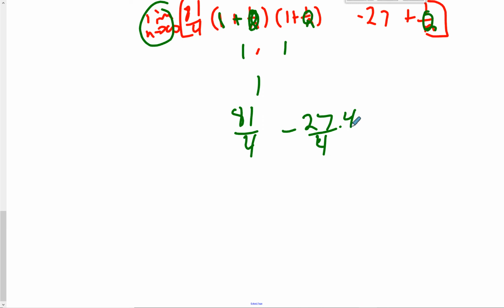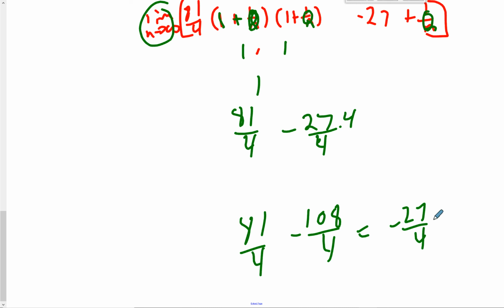So that's 108. So minus that, we get negative 27 over 4, which is like negative 6 point something or other. All right, so there's our answer.